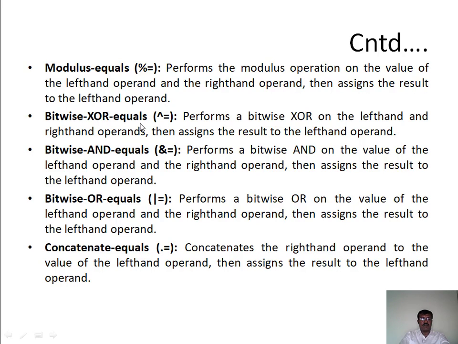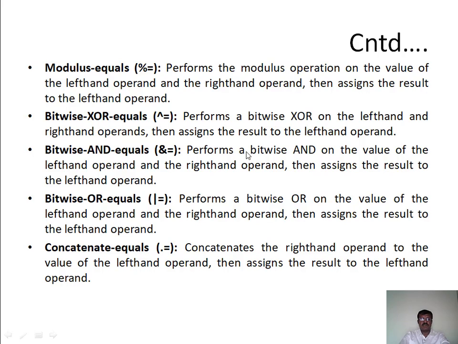Bitwise XOR equals, that can be represented by a caret followed by equal sign. This performs a bitwise XOR on the left hand and right hand operands, then assigns the result to the left hand operand. Bitwise AND equals, this can be represented as ampersand followed by equal sign.